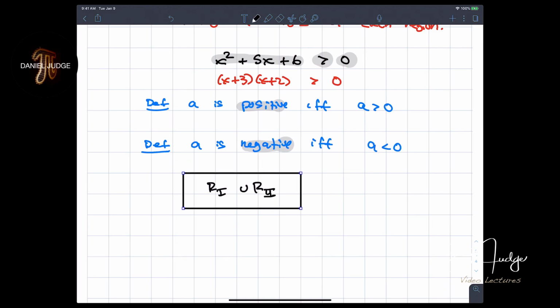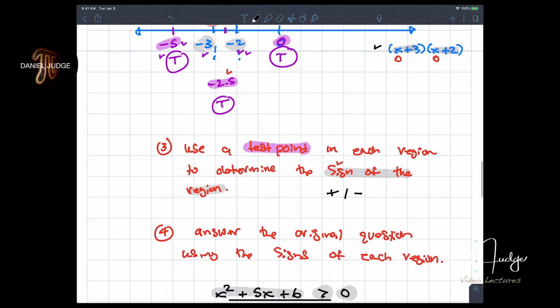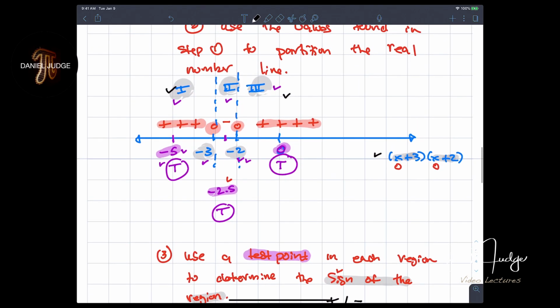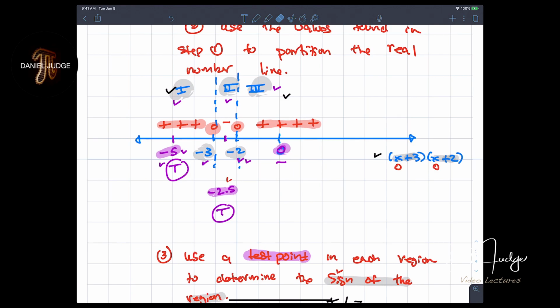They want us to graph. I'm sorry, not Region 2, Region 3. So if we looked at this, Region 1, Region 3, go back here. They want us to solve and graph. So I'm going to go back now, and I'm going to erase this information that's distracting us so that we can actually solve and graph, ladies and gentlemen.